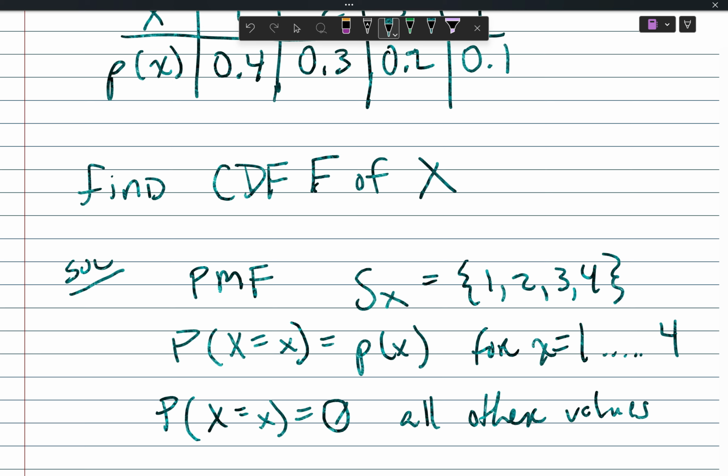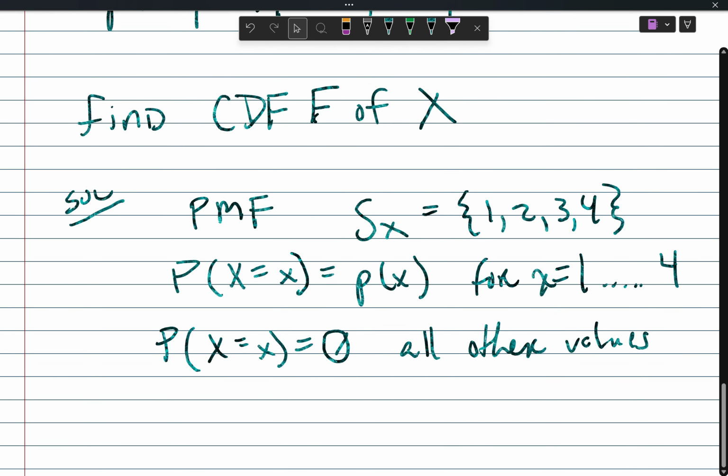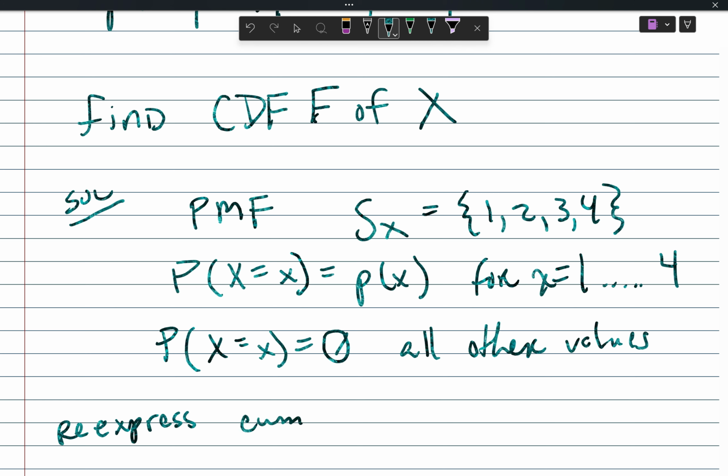So the key to finding the CDF is to re-express the cumulative probabilities P(X ≤ x) in terms of the probabilities P(X = x) for x in the sample space.